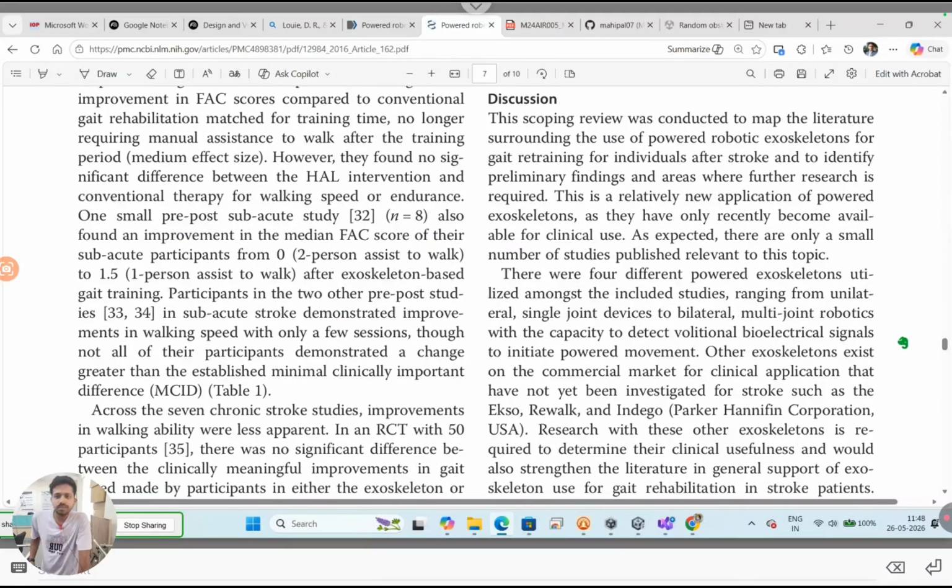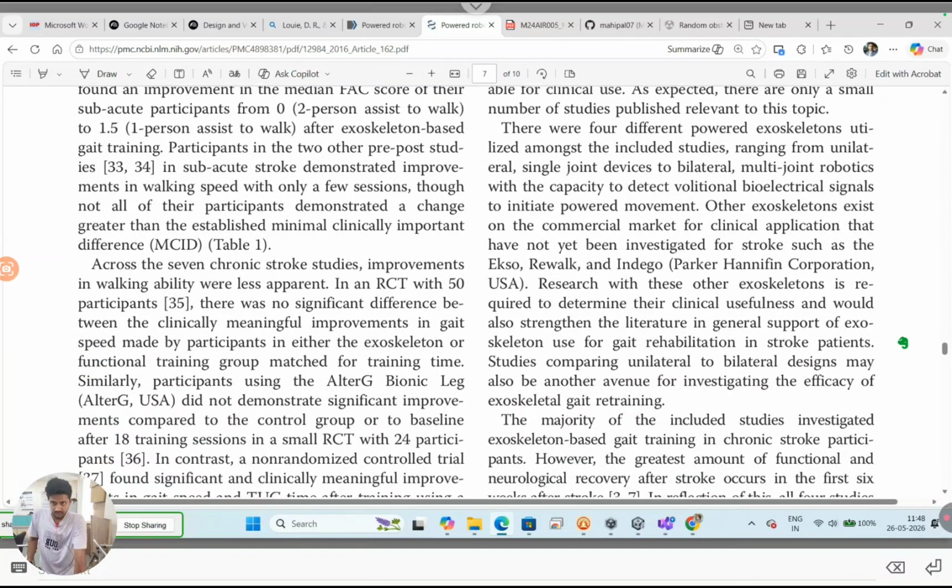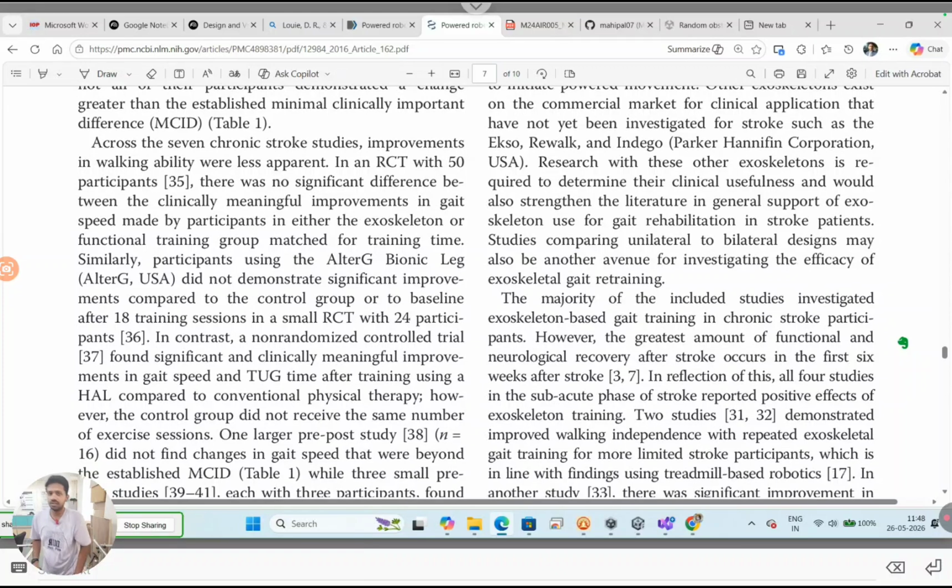After exoskeleton based gait training, participants in the two other pre-post studies in subacute stroke demonstrated improvement in walking speed with only a few sessions, though not all of the participants demonstrated a change greater than the established minimal clinically important difference, MCID. Okay, minimal clinically important difference.